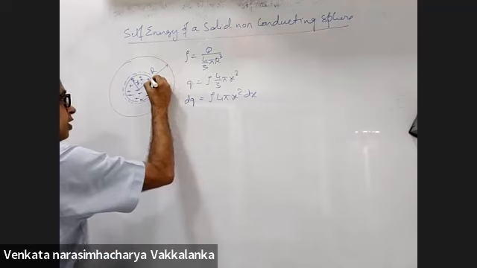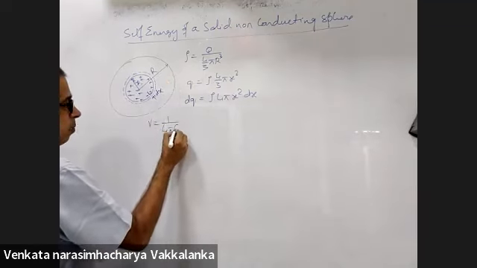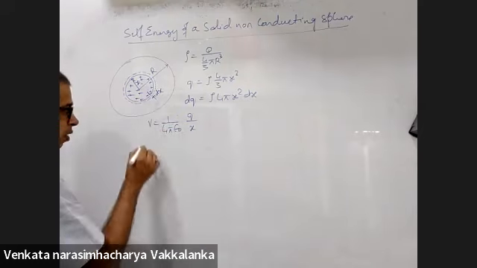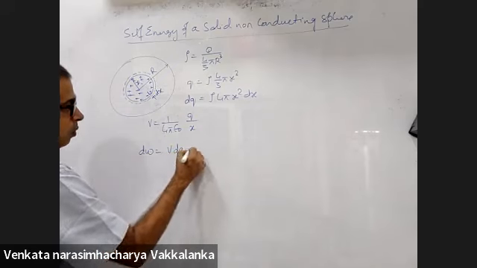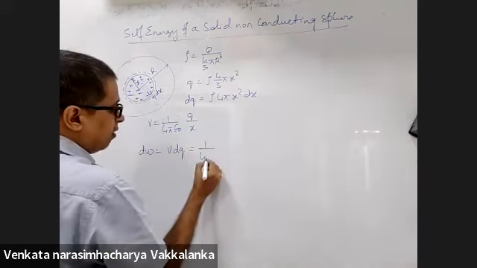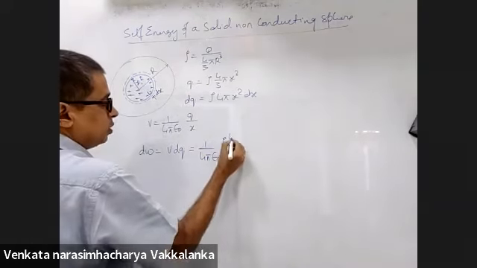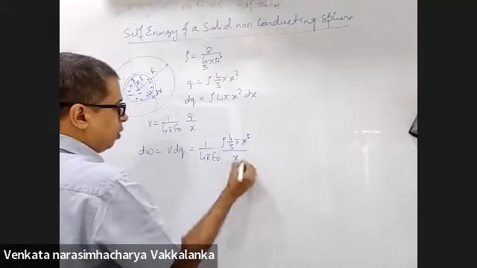Now, what is the potential of this sphere? 1 by 4 pi epsilon naught q by x is the potential on the surface of this sphere. Work done will be V dq. V is 1 by 4 pi epsilon naught, and q will be rho into 4 by 3 pi x cube, upon x.